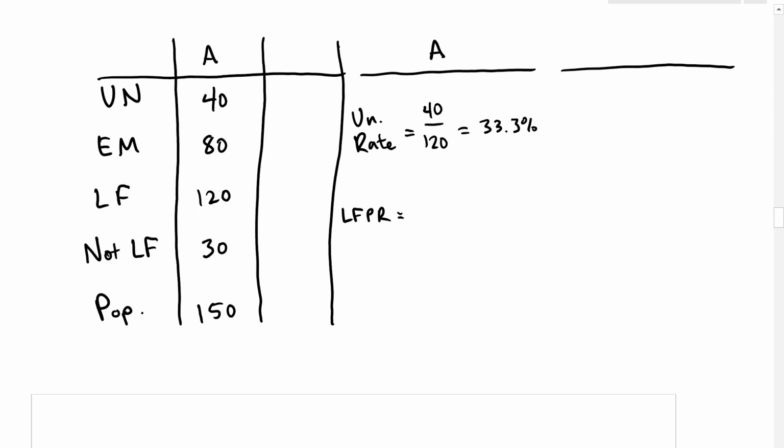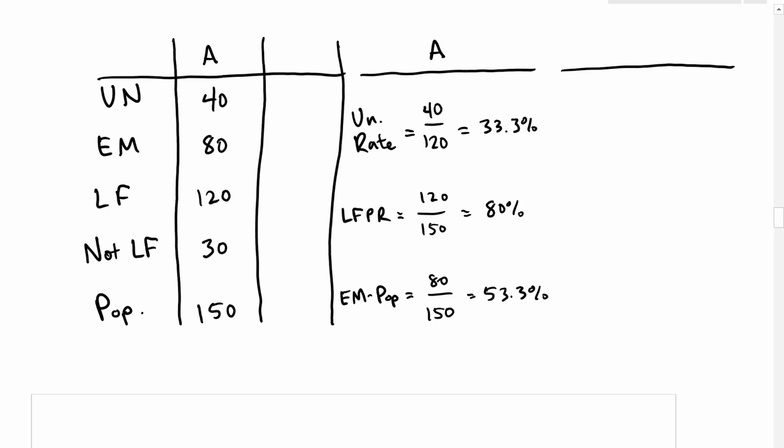That is the labor force, 120, divided by the adult population, 150, for a total of 80%. And then the employment population ratio, which is the employed, 80, divided by the population, 150, for 53.3333%.